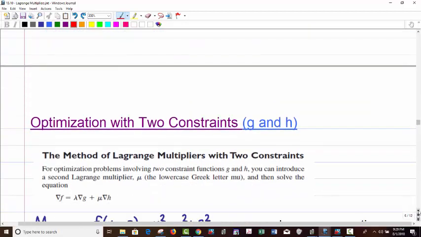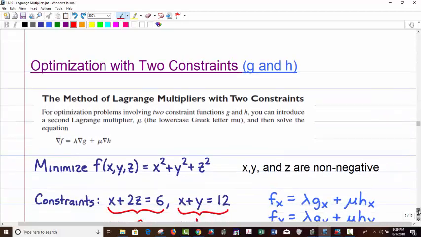Now, as I mentioned, I believe at the beginning of the video, this technique, unlike using the second partials, here's where we really need the Lagrange multipliers, even though the Lagrange technique is a lot of times way more convenient. But here's when you have two constraints.